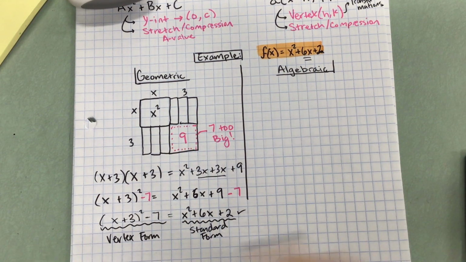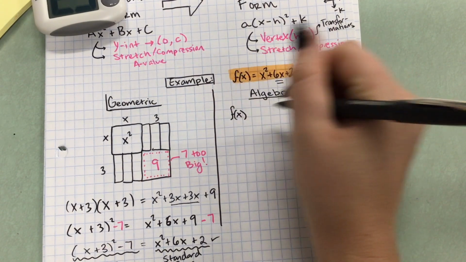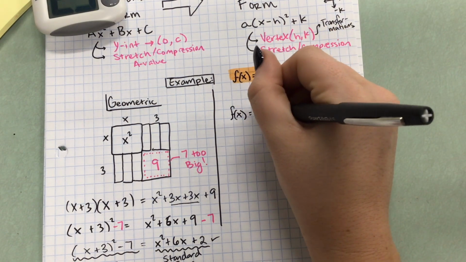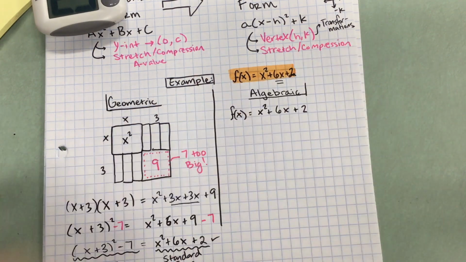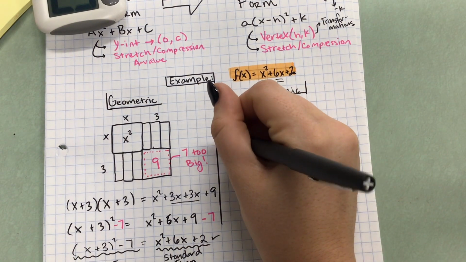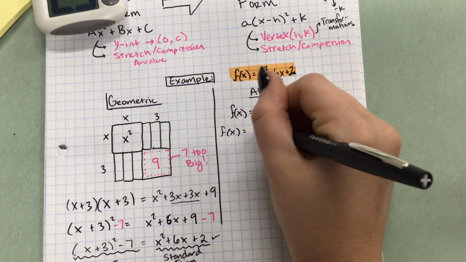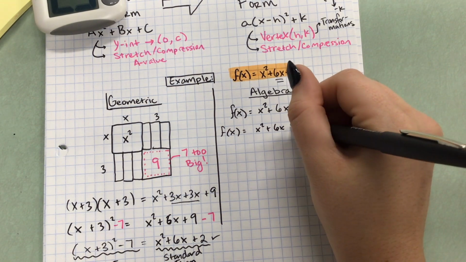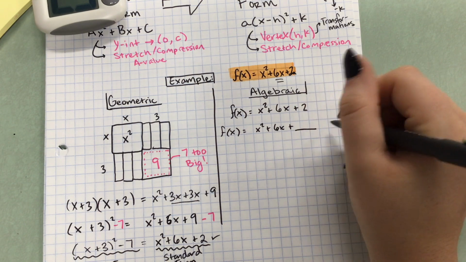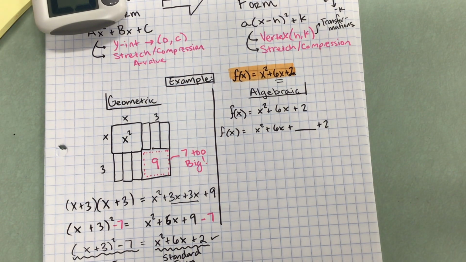So I'm going to start with my original equation. In this step, all I've done is left a little bit of space between the second and third term.